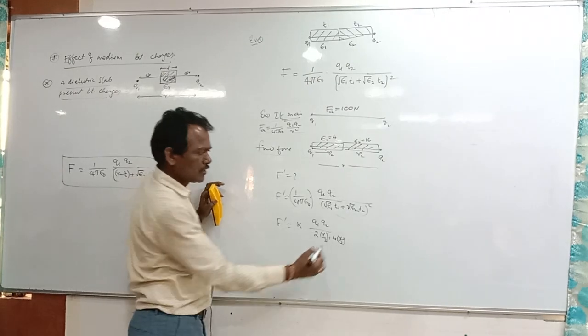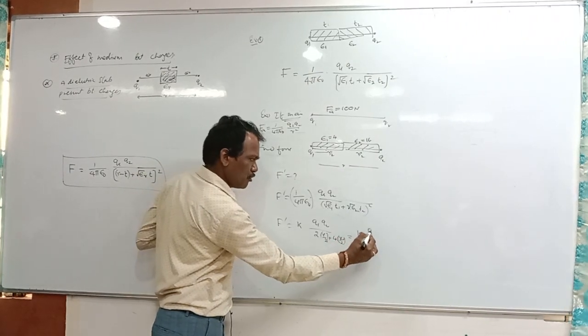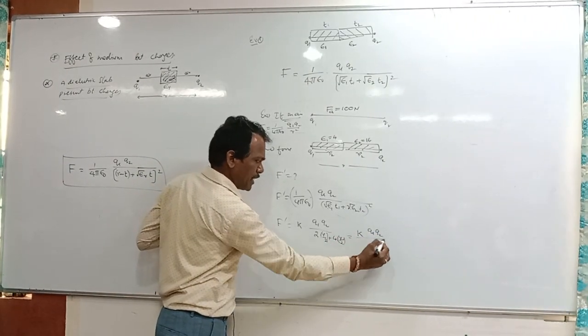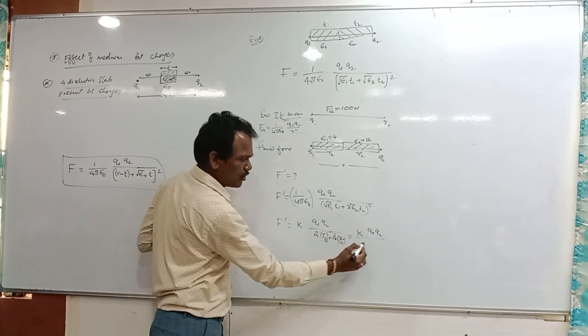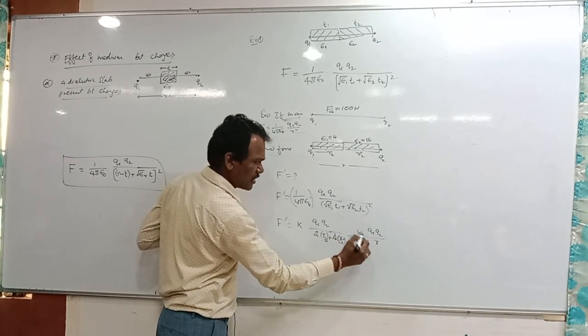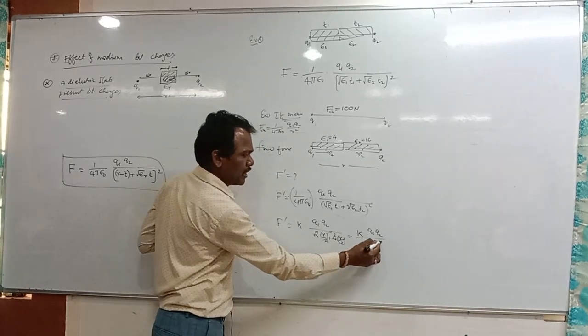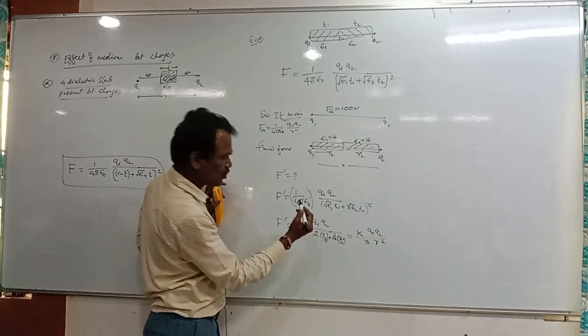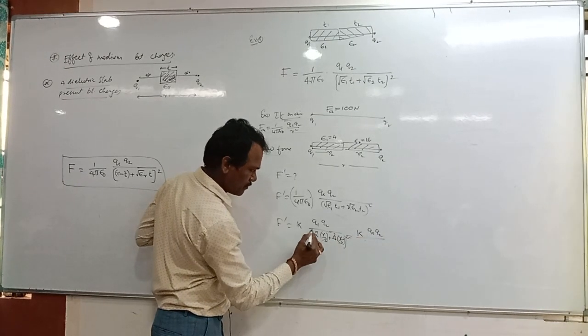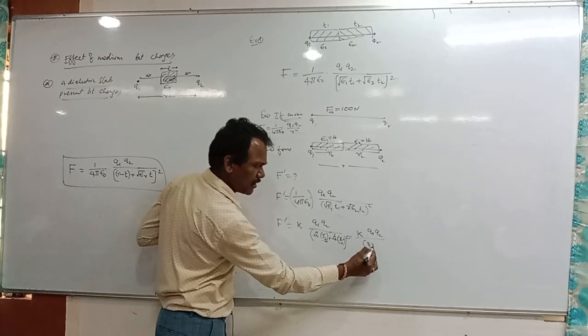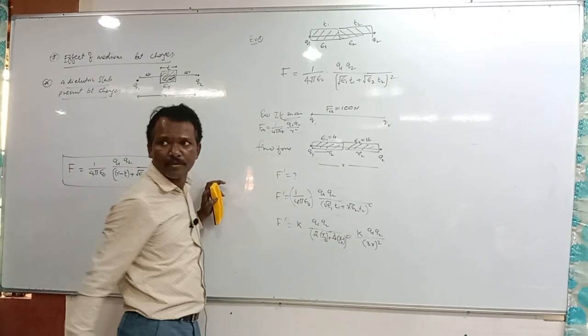So the 2s get cancelled, and 3r will come. K into Q1 Q2 by 3r, whole square.